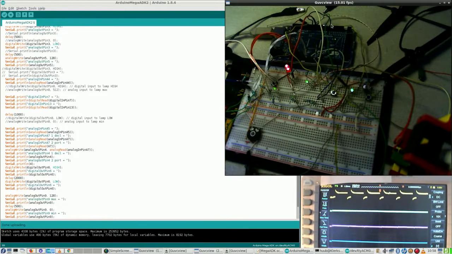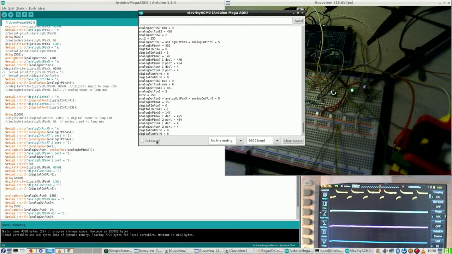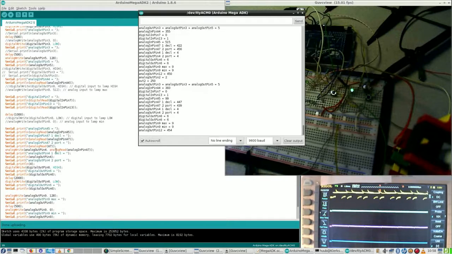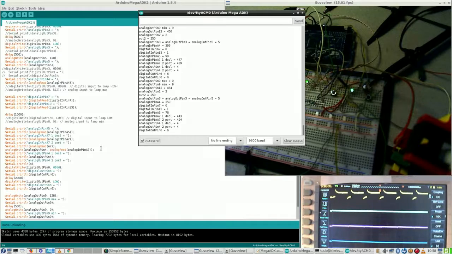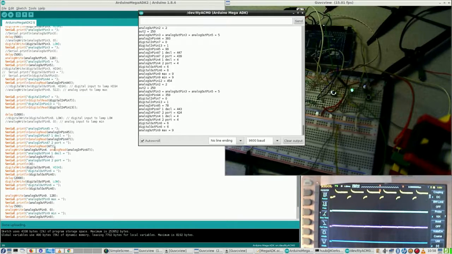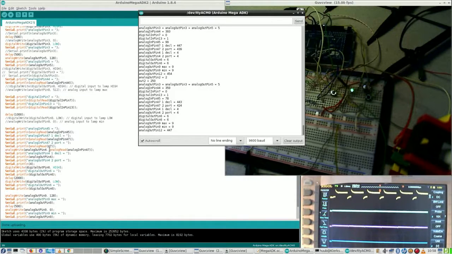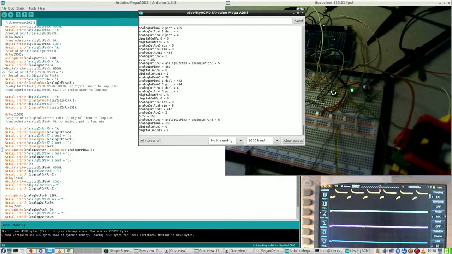So now the question is, what does the input do? And it reads from analog A7, which is not intended to be. So that is what I do have to change.